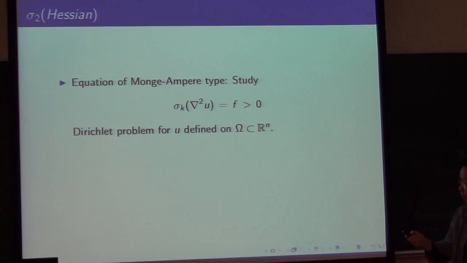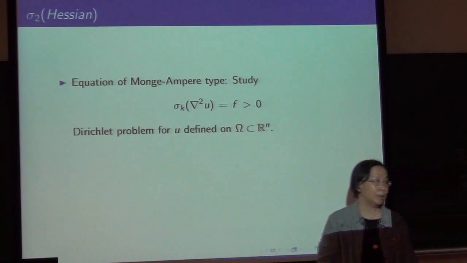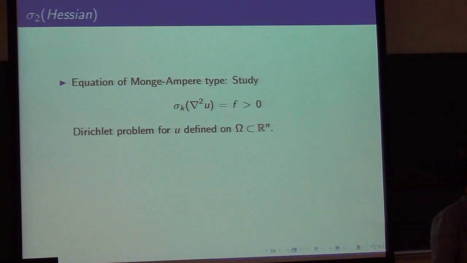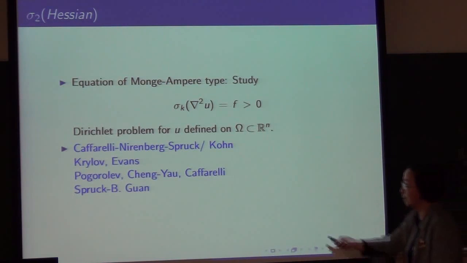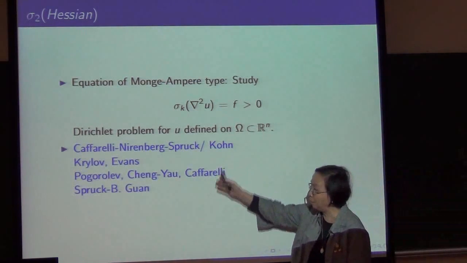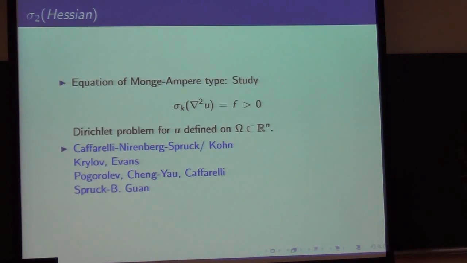And on the plane domain R^n, this Dirichlet problem, this equation is well studied by a lot of analysts and geometers in this field. This equation is well studied on domain R^n.